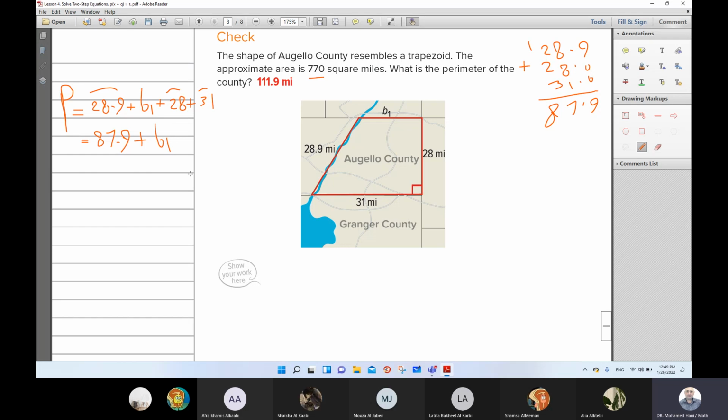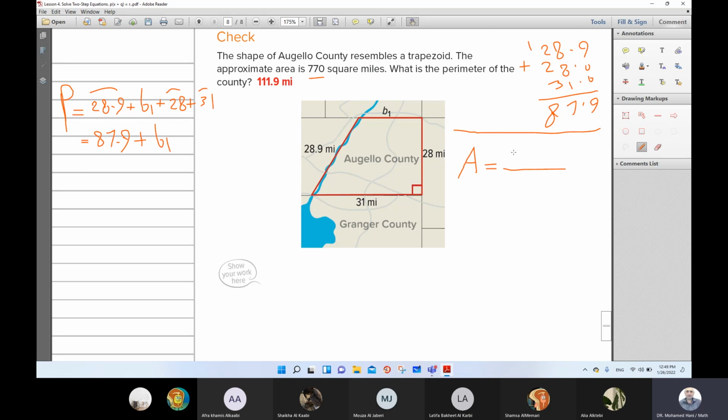You can go back to the same question. As you see, we have the area of this shape equals 770. So you can start to solve for the value from the area. As you remember, the area of the trapezoid is the sum of the two bases divided by 2, multiplied by the height.